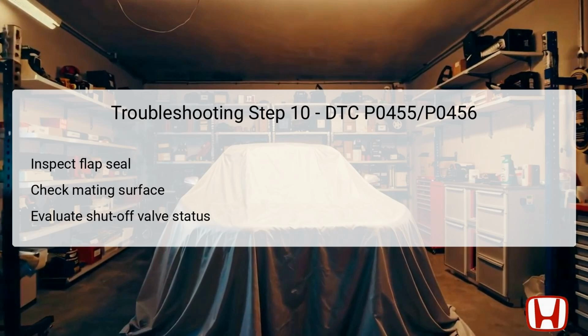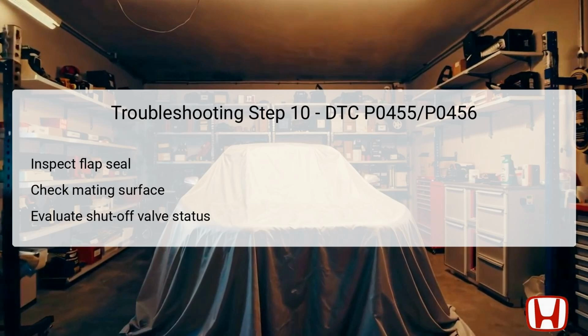Ensure that there are no gaps, tears, or damage evident on the seal, as this might prompt a replacement of the entire unit. Additionally, inspect the mating surfaces for any signs of wear or damage that could interfere with the valve's sealing capabilities.